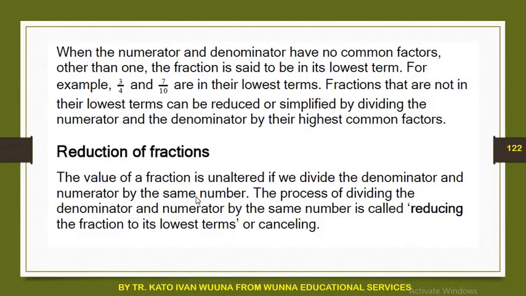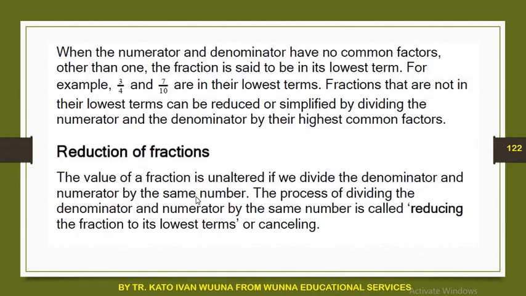You realize that the value of the fraction has not changed, though the numerator and denominator have been reduced to their simplest terms. What do we mean here? We mean that 8 over 10 is the same as 4 over 5.